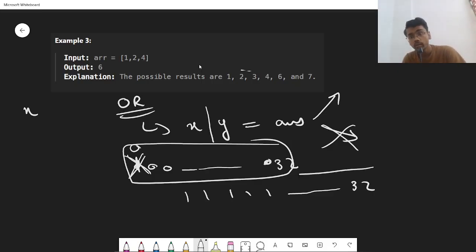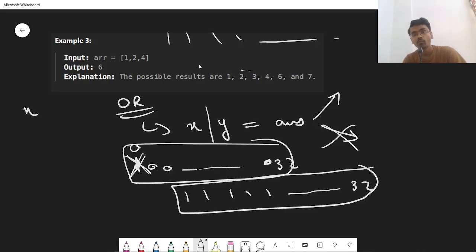No, it will only run at most 32 times, because we will have only 32 bits to set, and if a bit is set, it will never unset again. So we can at most set 32 bits, and we can have at most 32 unique values. And if we have 32 unique values, our inner loop will run big O of 32 times.